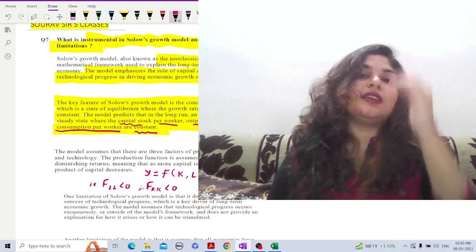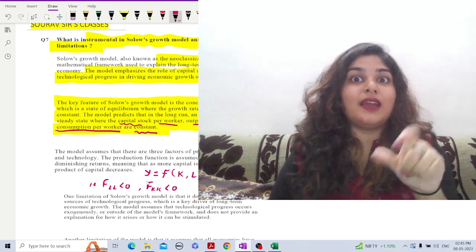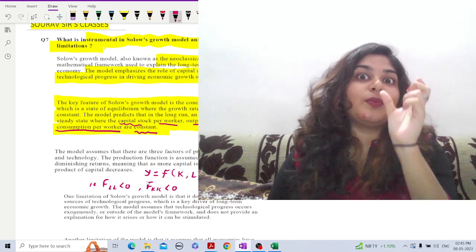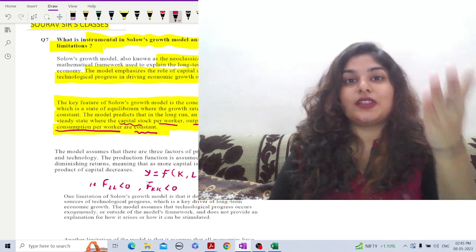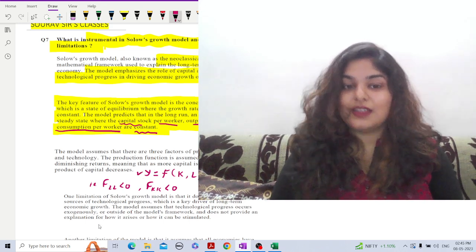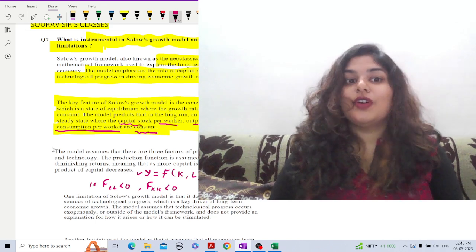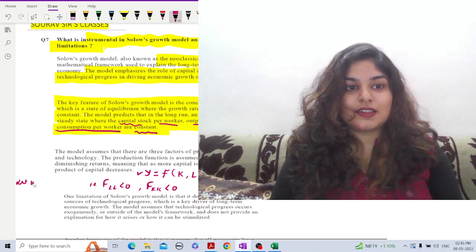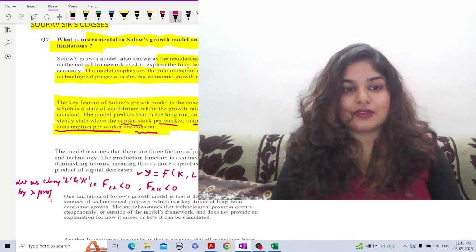Now in this model there is constant returns to scale. Let us show how I can transform this model and show a production function with constant returns to scale, which is what is used to explain the Solow growth model. We will take this production function. In order to show constant returns to scale, let us change L and K by lambda proportion.